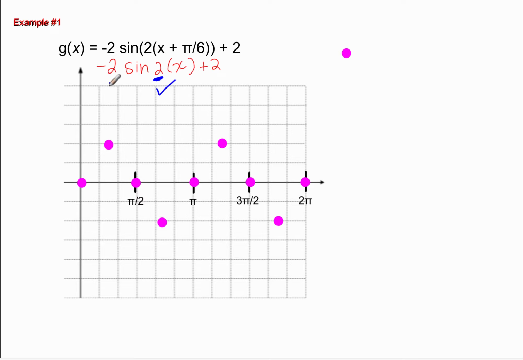I also have an amplitude of 2 going on right here. If I made this 2, we'll call this -2. I don't have the negative part going on yet. So let's take all these dots.